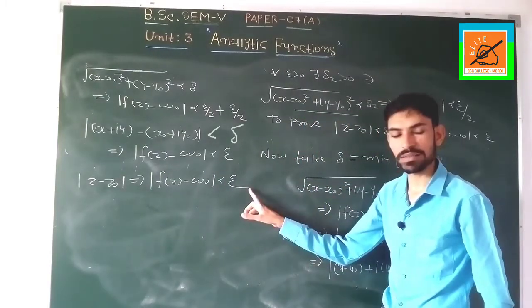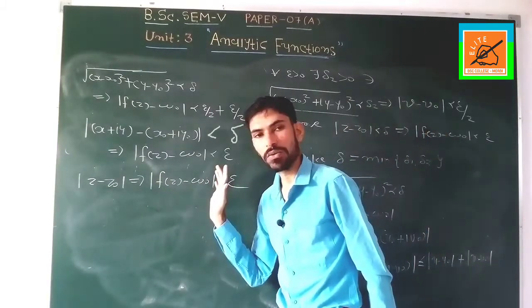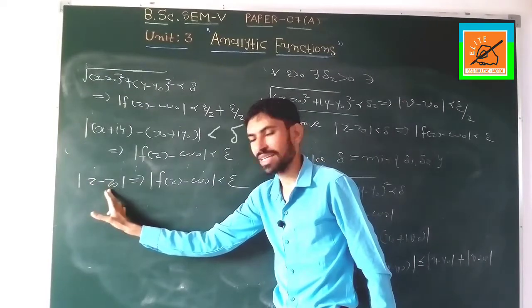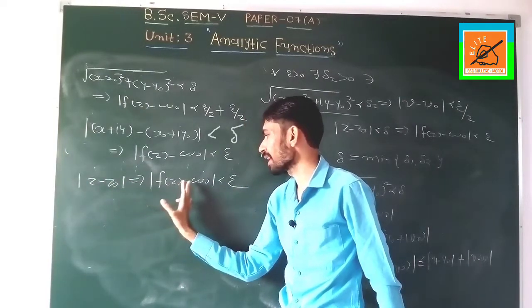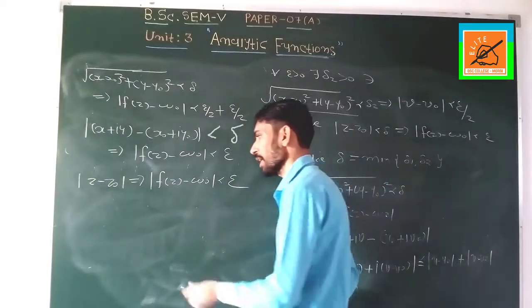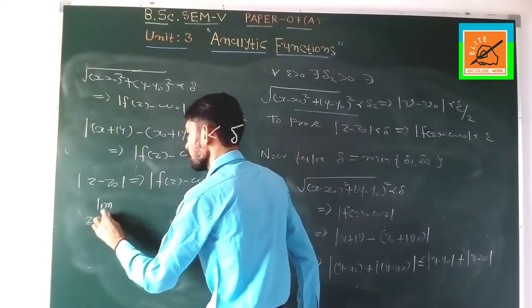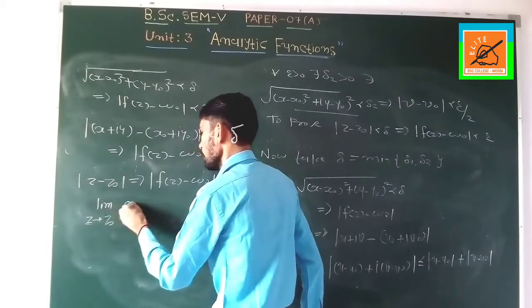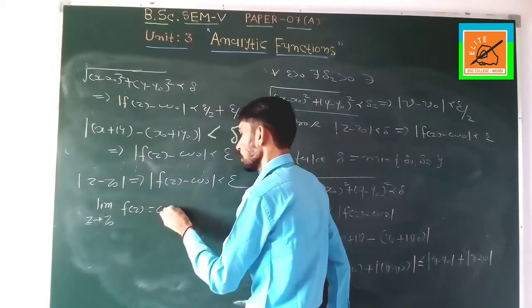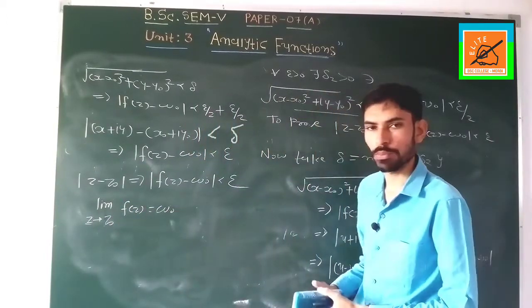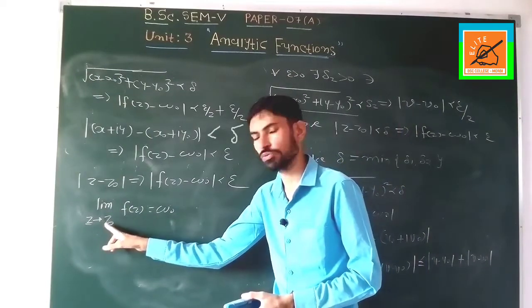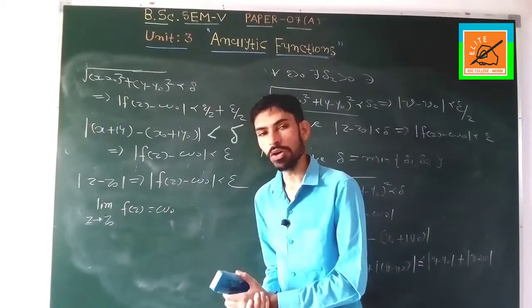And this is the definition of the limit of the complex function: mod z minus z0 less than delta implies mod f of z minus w0 less than epsilon. So we write limit z tends to z0 f of z is equal to w0. So friends, what we had to prove we have got: limit z tends to z0 f of z is equal to w0.